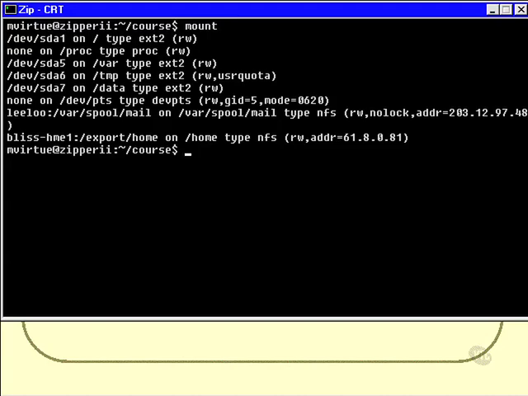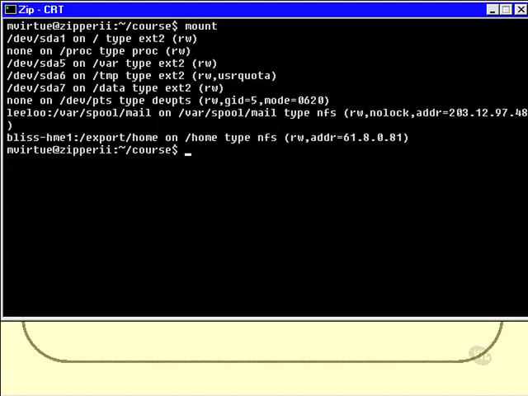But the one after that, which says lilu:/var/spool/mail, means that on the machine called lilu, which is part of the same network, the directory structure under /var/spool/mail has actually been mounted onto this computer's /var/spool/mail.